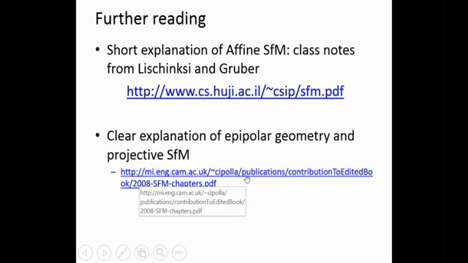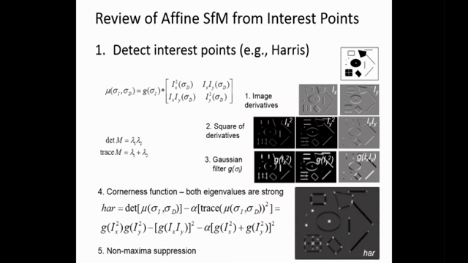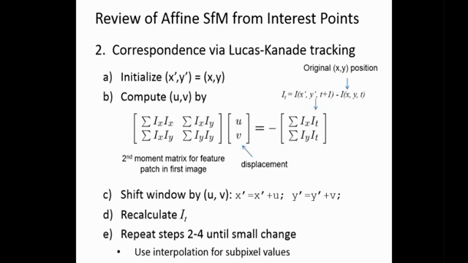Just to recap the whole dollhouse thing, we go from a set of images, detecting points and tracking them, and doing structure from motion. In the dollhouse sequence, you first detect points, for example, using Harris corner detectors. Then you use Lucas-Kanade tracking to track the points.